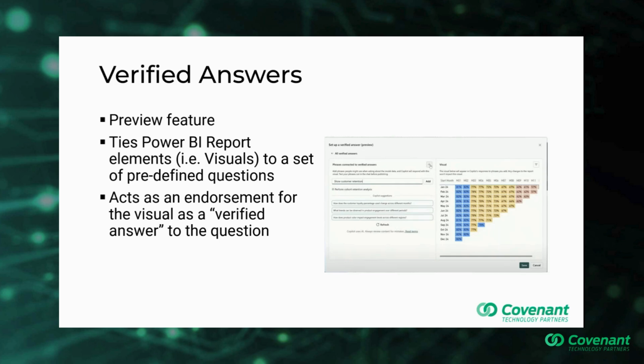In fact, when you're setting up your verified answers, you can adjust some of the slicing and dicing of it through your filters and slicers and have different sub questions related with that. It's a nice way of essentially pre-prompting these answers based on what you believe your end users are going to be looking for.